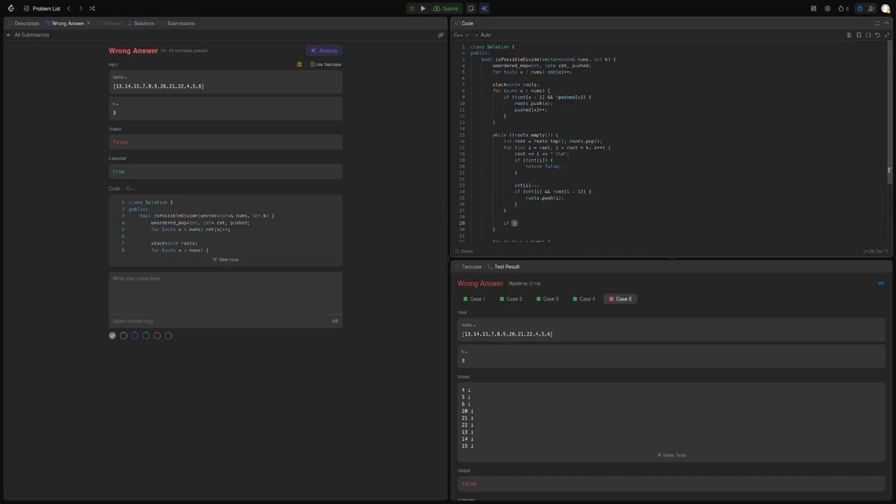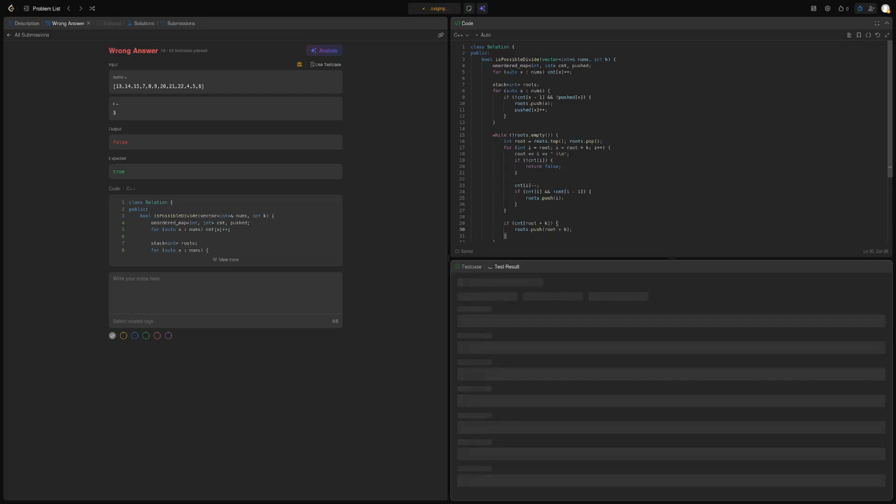If count root plus k, roots push root plus k.